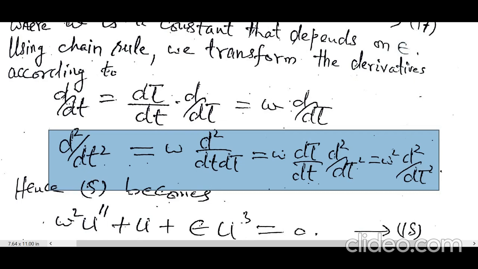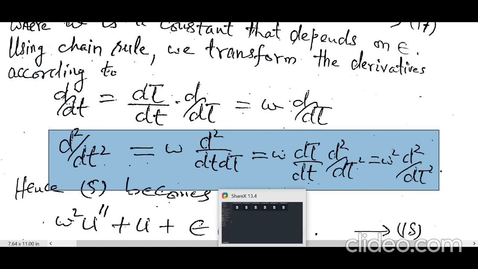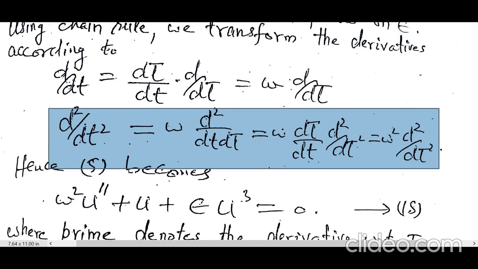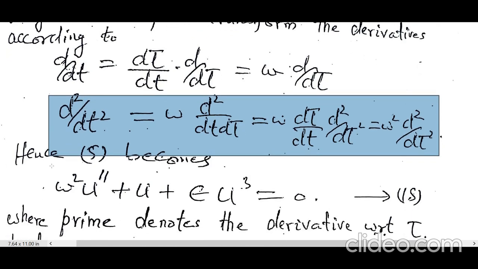Therefore equation 5 was our previous example that was solved in our previous lecture. The equation from where we started the example is u double dot plus u plus epsilon u cube equal to 0. That was our equation. Now u double dot is simply omega square u double prime, where prime is the differentiation with respect to tau.